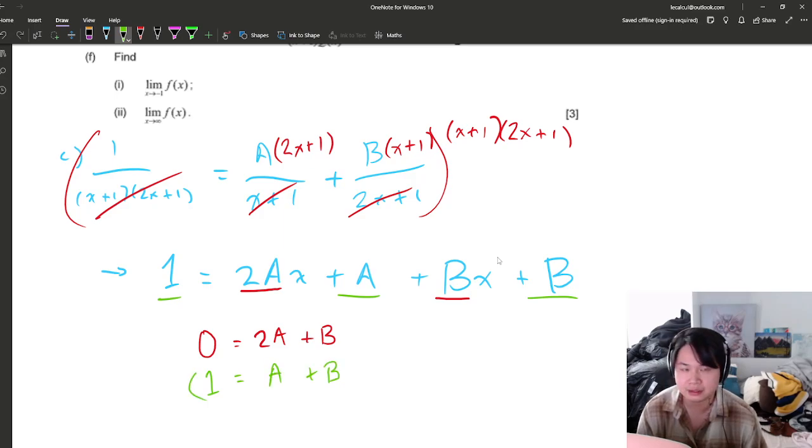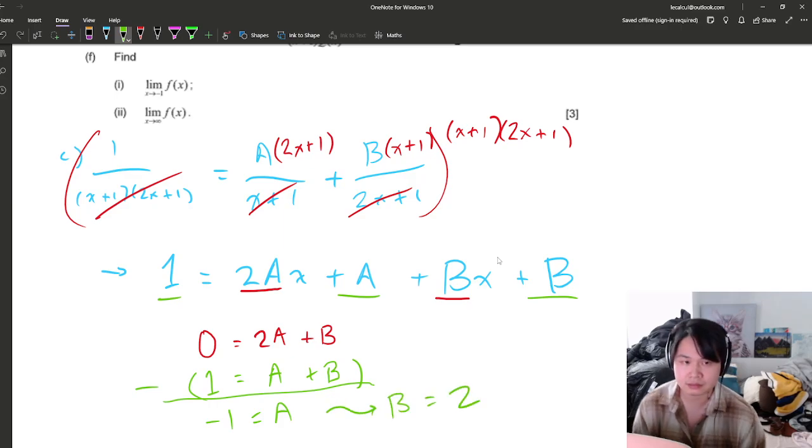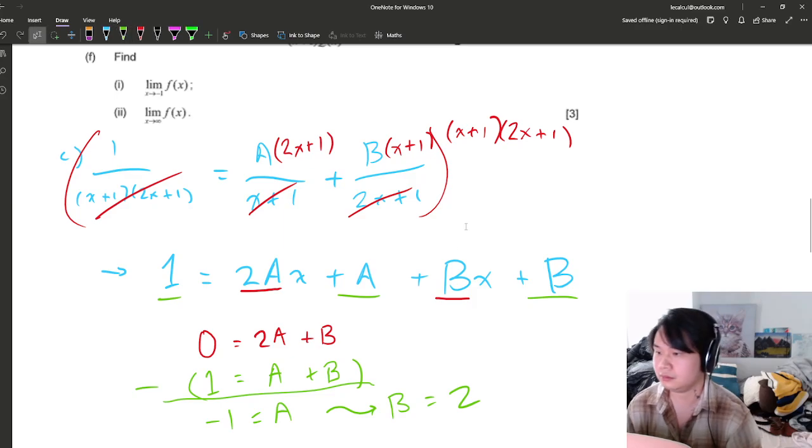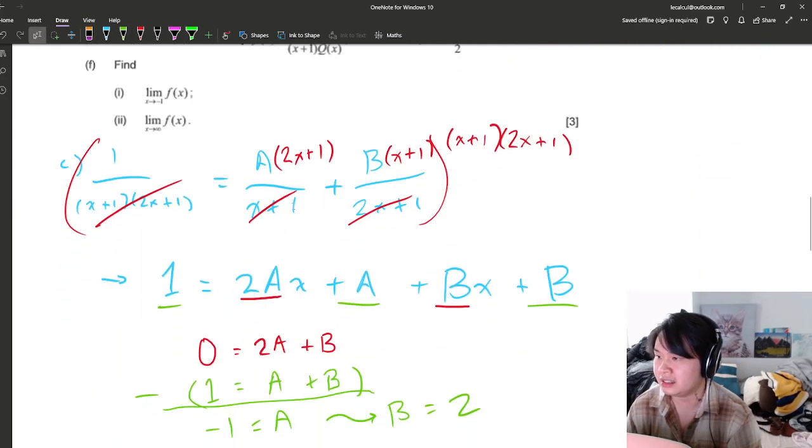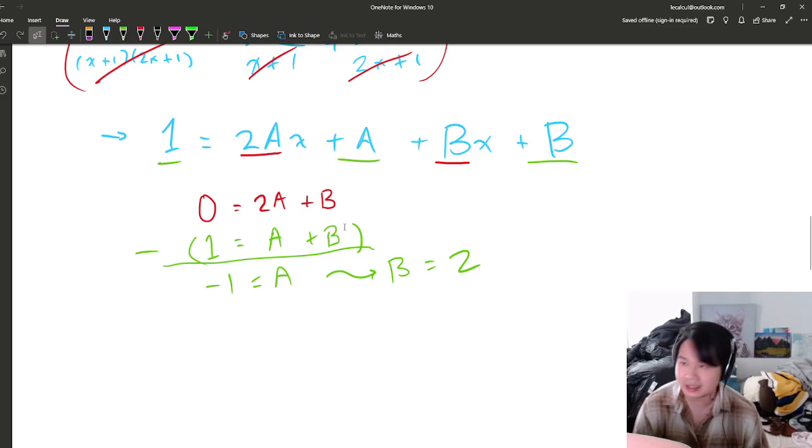And then here's a quick system. We're going to subtract off b. And then you'll get a is -1, which means that b has to be 2. And then I guess we need to actually express it and say what this is.